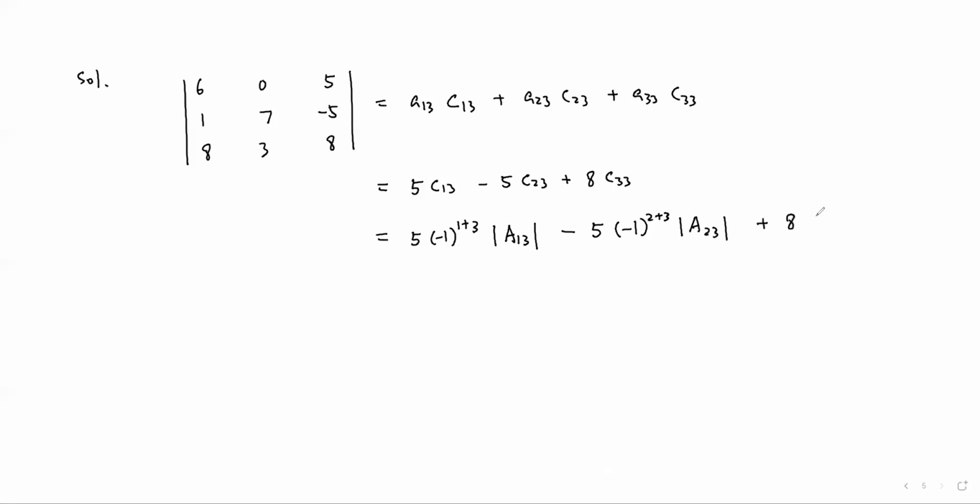Plus 8 times C33, (-1)^(3+3) determinant capital A33. Okay, now -1 to the 4th is +1. -1 to 2 plus 3, 2 plus 3 is 5, so -1 to the 5th is -1, but there is a negative in the front, so positive.